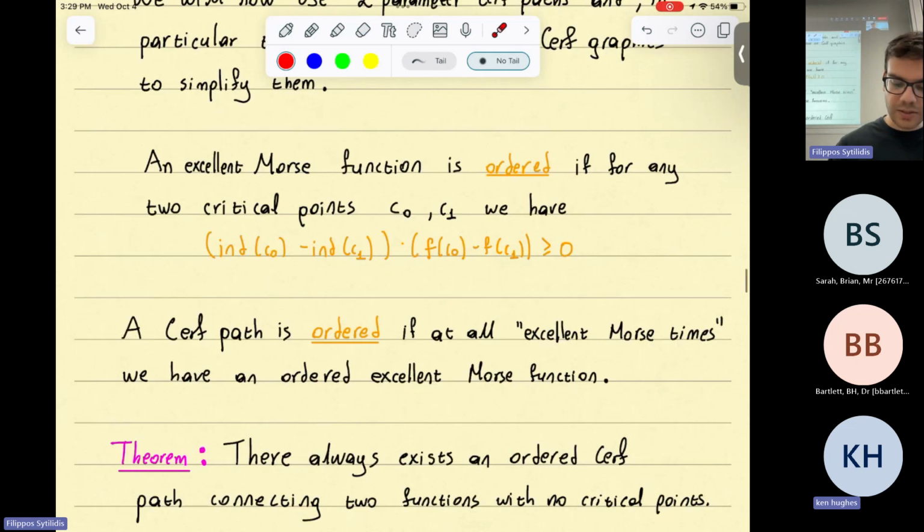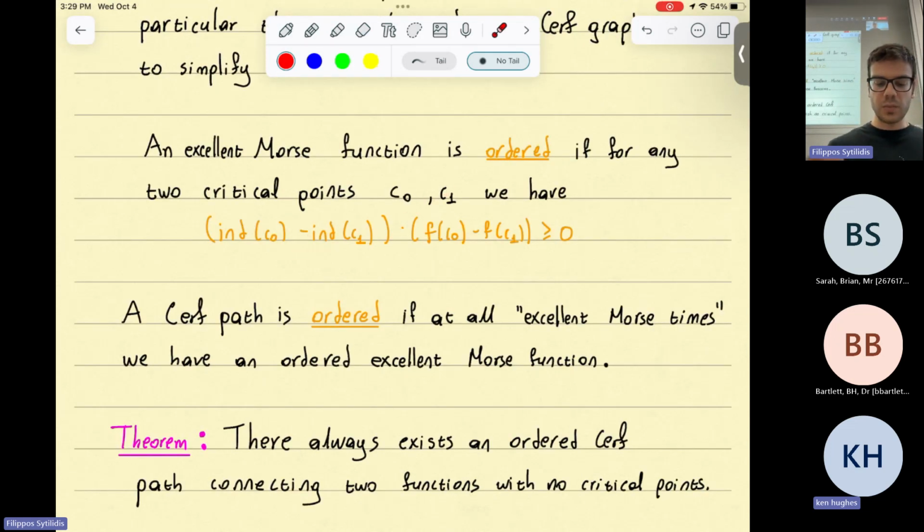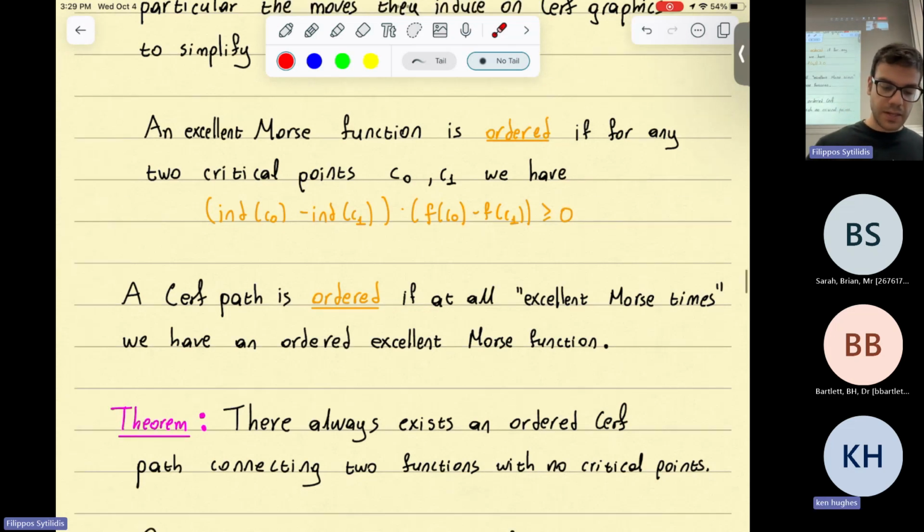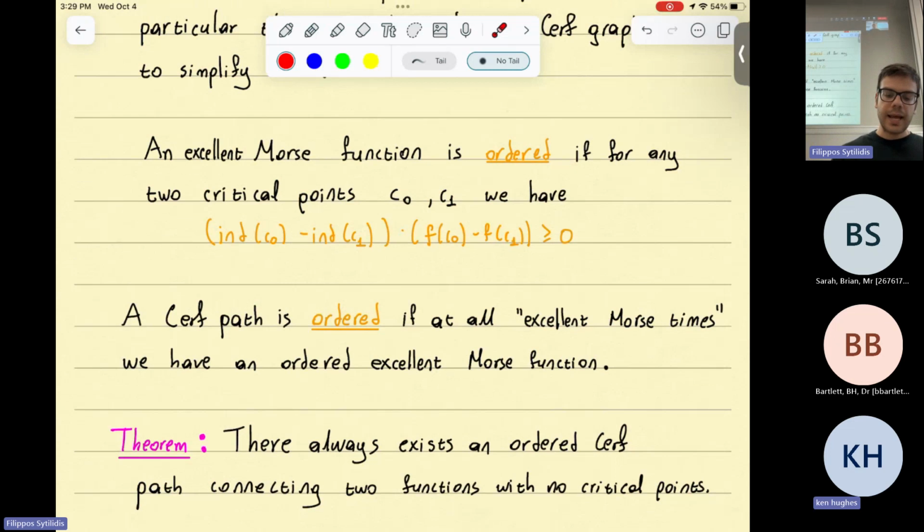So if C0 and C1 are my two critical points, and f of C0 is greater than f of C1, then I must have that the index of C0 is greater than or equal to the index of C1. That's what it means for an excellent function to be ordered. And then a surf path will be ordered if at all times we have an ordered excellent Morse function.